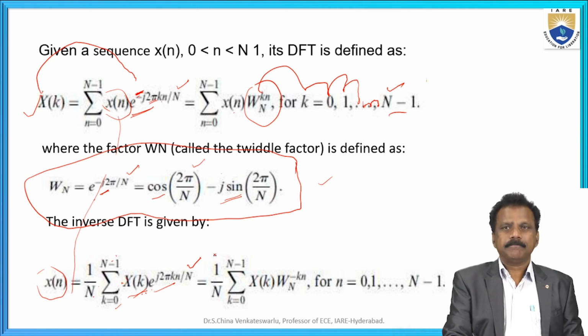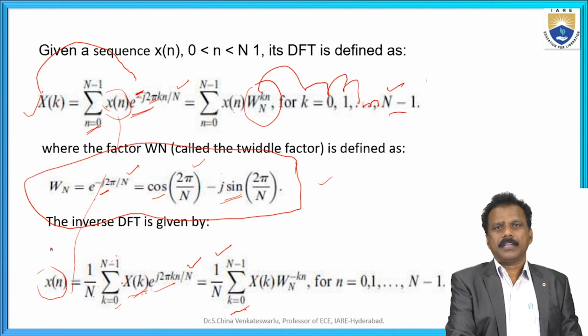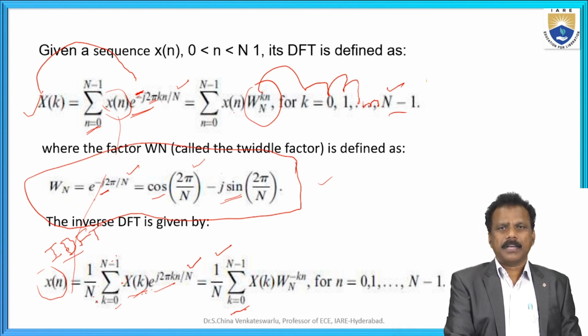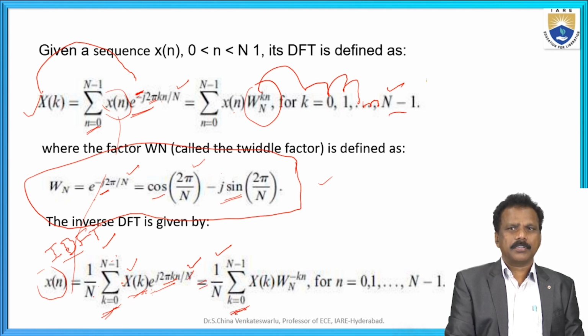It is also equal to 1/N, the summation k equals 0. To evaluate or compute this IDFT, the inverse discrete Fourier transform, it is equal to 1/N, the summation k equals 0 to N minus 1 of X(k), that is the DFT, times e to the power, previously minus j, here plus j2πkn/N. So this is also equal to 1/N, the summation k equals 0 to N minus 1, X(k), the DFT, times the twiddle factor W_N^(-kn), for n equal to 0, 1, 2, 3, 4, and so on up to N minus 1.